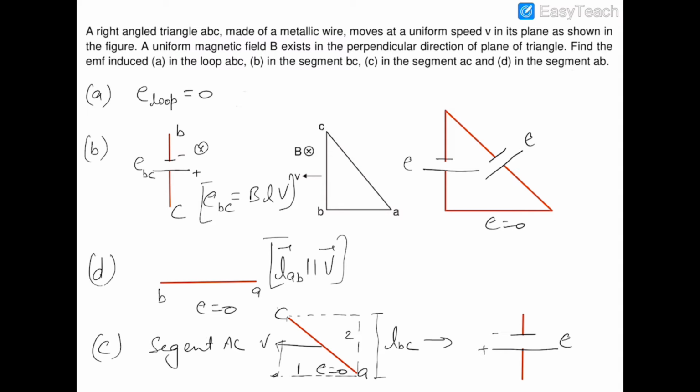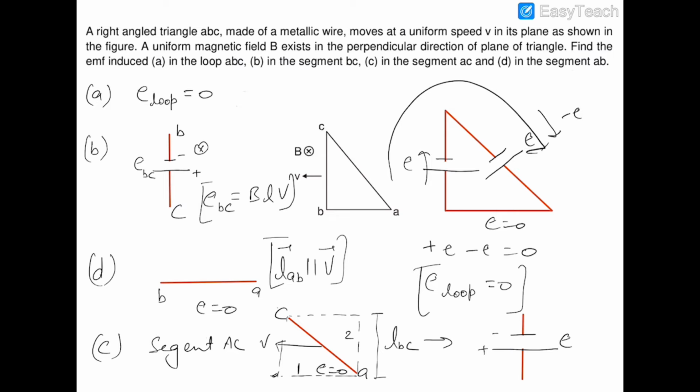Applying Kirchhoff's law, plus E and minus E will be equal to 0. So the EMF induced in the loop will be equal to 0.